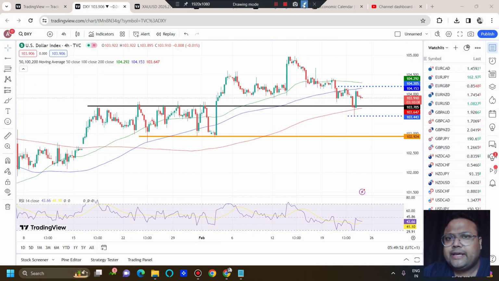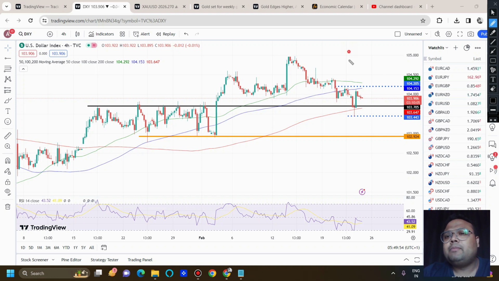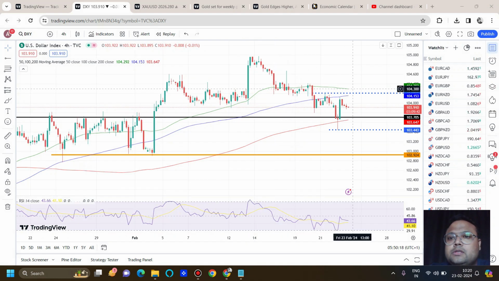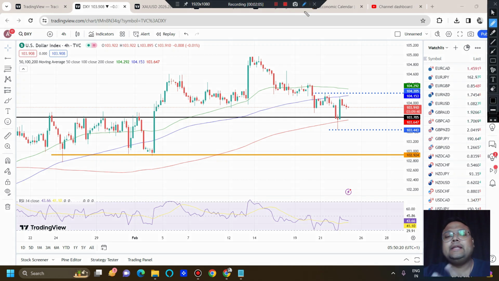And if DXY fails to move above 104.20 and starts falling from here, we can consider it as a trend reversal as well. Now you must be thinking why 104.20 is important for the dollar. Because to give us the confirmation that yes, the market is still in uptrend, DXY will have to form a higher high.